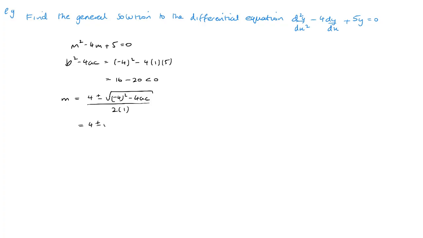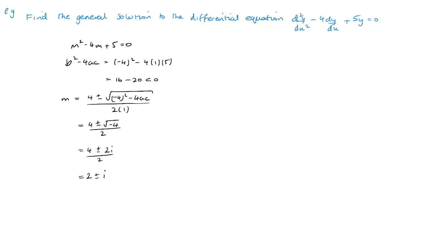So 4 plus or minus, now we know inside the square root, we've done up here, 16 take away 20 is minus 4, and then that is over 2. So the square root of minus 4 is 2i, over 2, so this will be 2 plus or minus i.